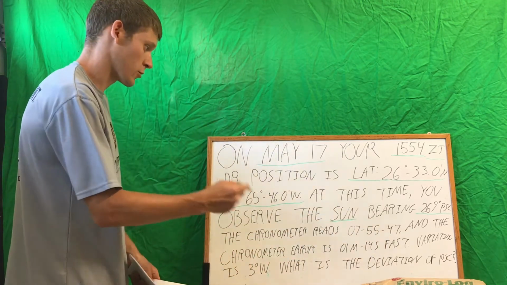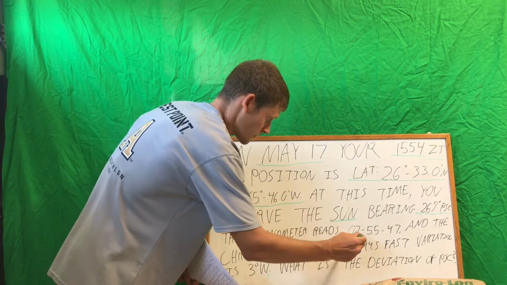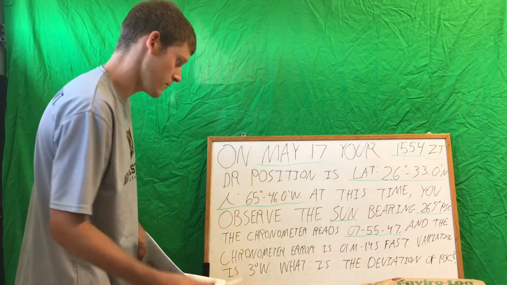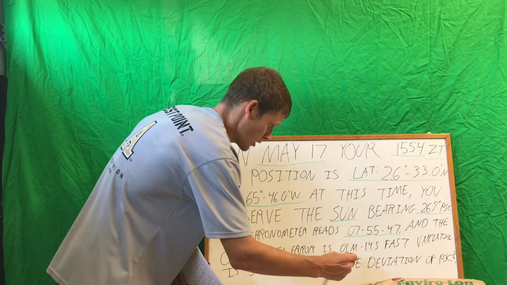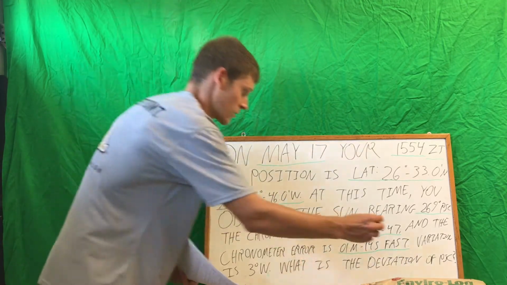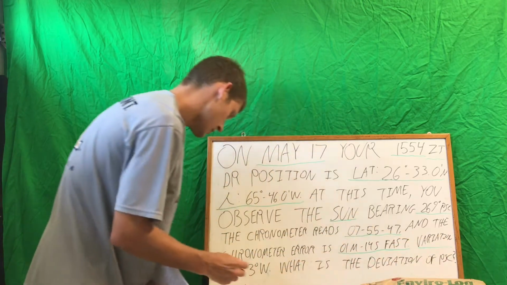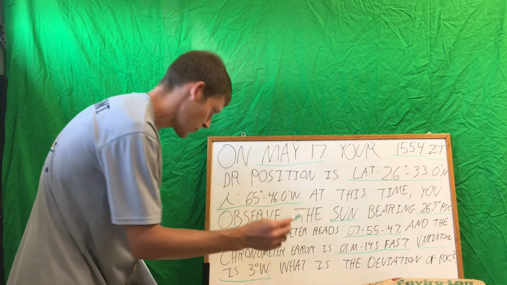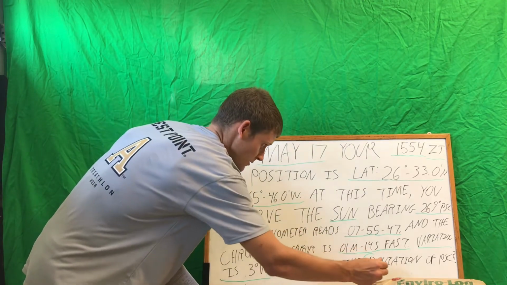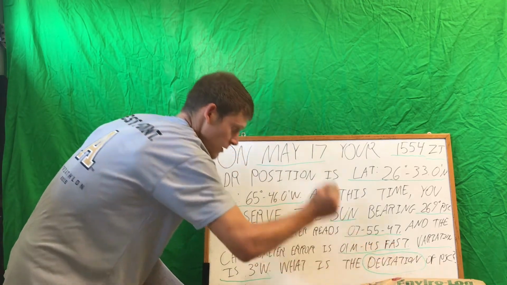And we know that the chronometer reads 07, 55, 47 seconds. We know our error is 1 minute, 14 seconds fast. And our variation is 3 degrees west. And we're trying to solve for what the deviation is.